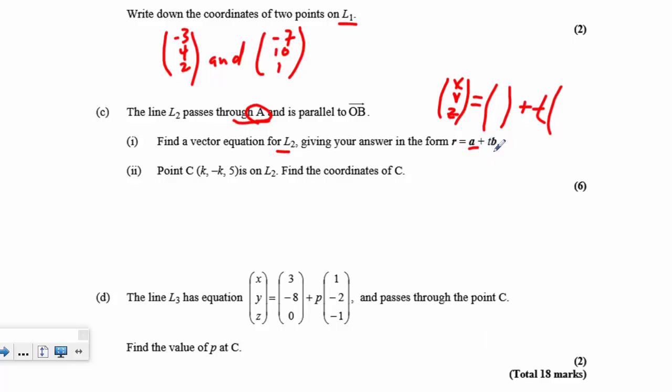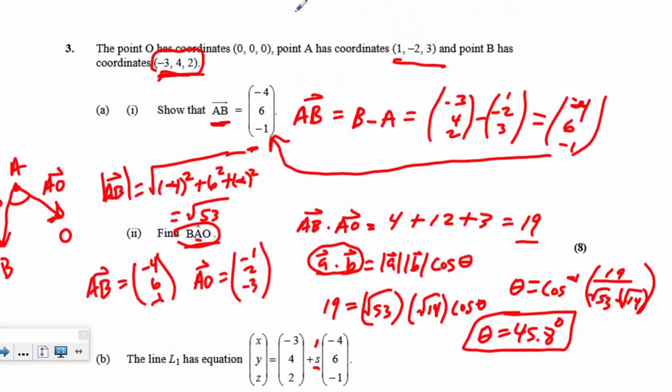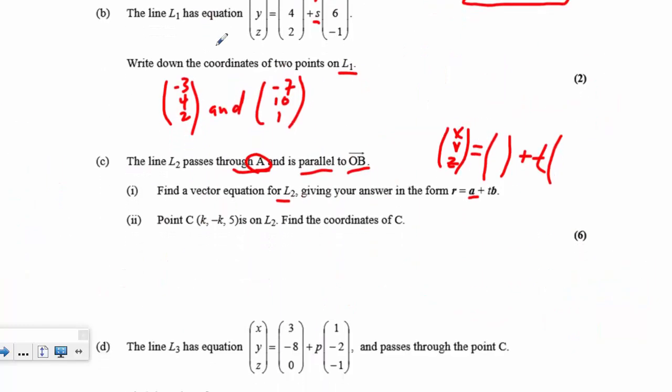So what I'm going to say now is B is the same thing as OB, because OB is parallel to L2, which means they have the same directional vector, being OB. So let's figure out what point A is. I'm going to come up here and I'm going to see that the coordinates for point A is 1, -2, and 3. So let's go ahead and write that in. It's going to be 1, -2, and 3.